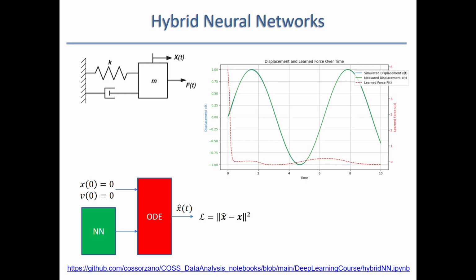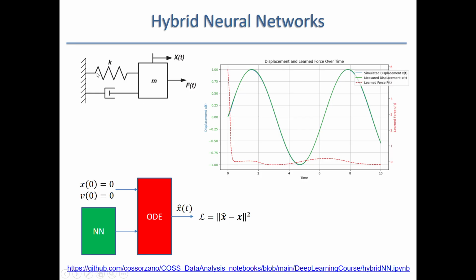Here we have another example in which we have a hybrid neural network. So a part of it will be provided by a neural network, but another part of the system is defined by ordinary differential equations. So let's say that we observe some displacement of a spring system like this.